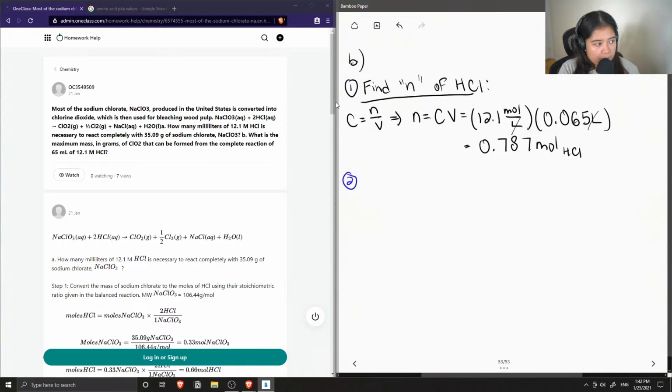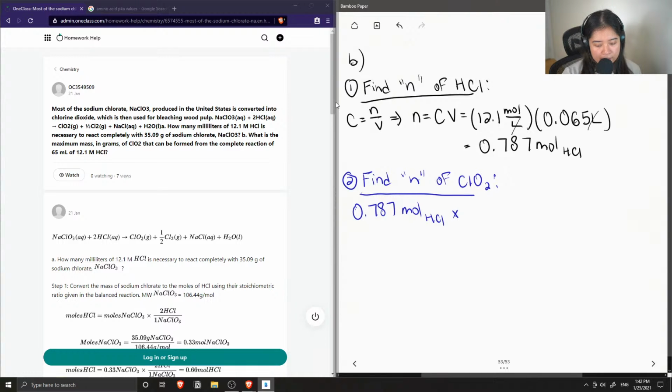Okay, so for part 2, we now need to use the molar ratios to find the number of moles of chlorine dioxide. So we have 0.787 moles of HCl, and we need to look at our balanced chemical equation.